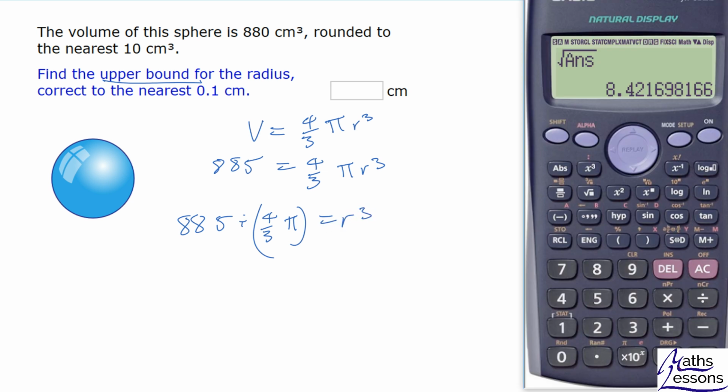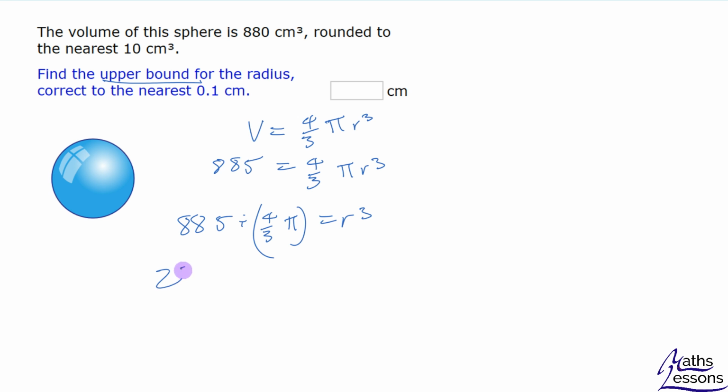Grab our calculator, and we do 885 divided by, open brackets, fraction 4/3 times shift pi, close the brackets. That's 211.27. Remember always to keep the numbers: 211 point whatever is equal to r cubed. Keep all the numbers in your working.